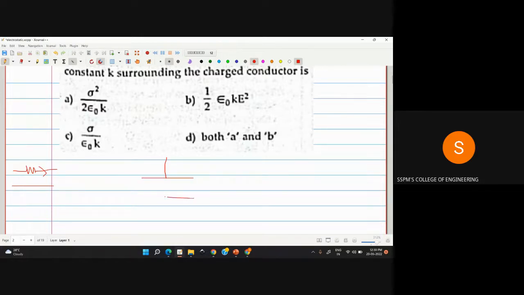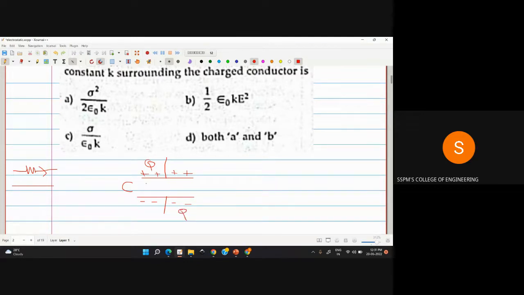So a capacitor is made of two conducting plates separated by a dielectric medium. The medium may be an air medium, it may be a glass medium, or it may be mica. कुठलाही dielectric medium इथे घेऊ शकतो, isn't it? And let's consider C to be the capacitance of the capacitor, and the charge placed on the plate, let's consider Q. And remember, one of the plates is positive and the second plate has negative charge, isn't it?